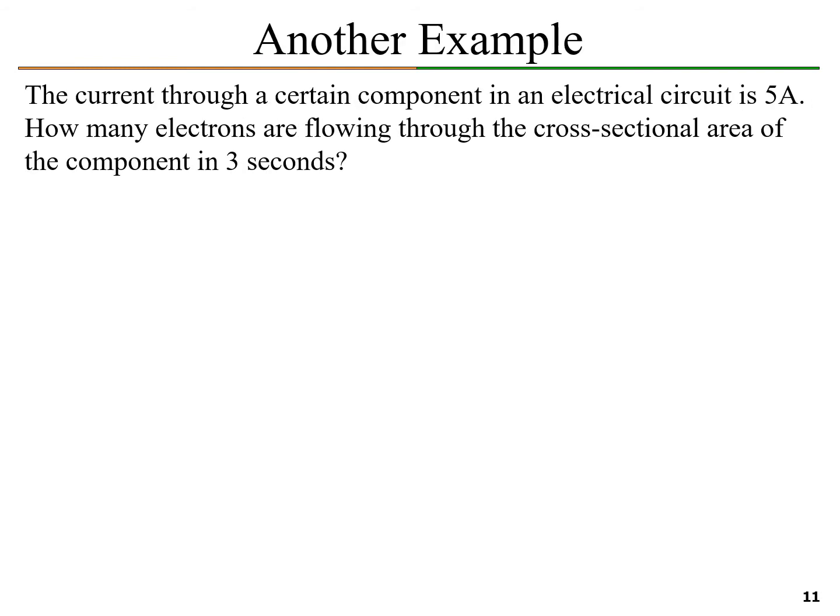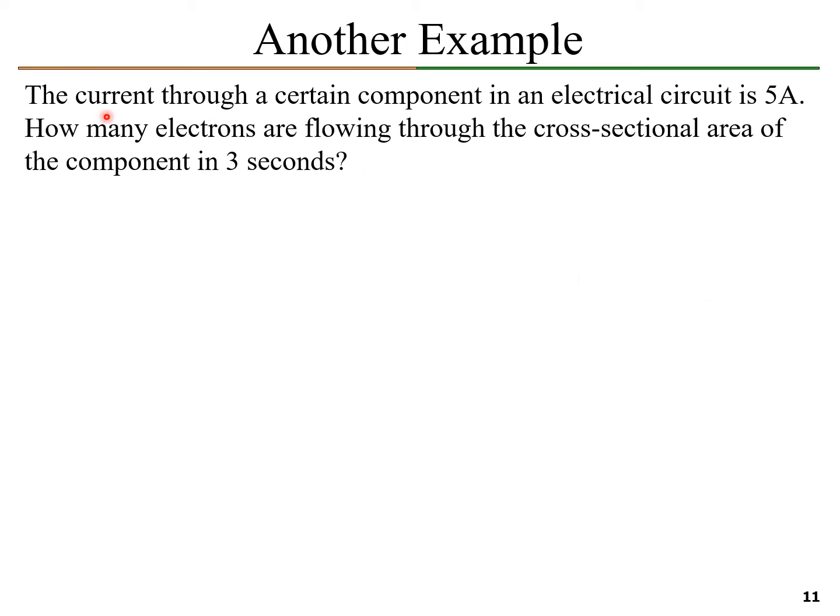Here's another example. Let's say that we know the current through a certain component in an electrical circuit is 5 amps. How many electrons are flowing through the cross-sectional area of the component in 3 seconds? Now, we always like to use good problem-solving techniques. So first, we got to recognize a relationship between what we are given.